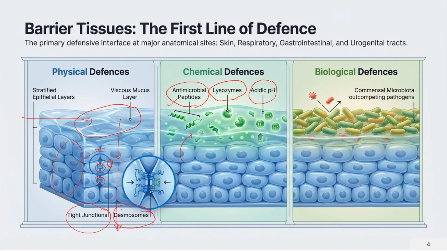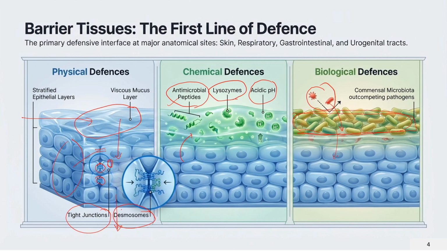And the third is the biological defense. We can see that the commensal microbiota, so these are the pathogens which are entering into the body system, and then we have our useful bacteria which are there in the gut wall. They won't allow the pathogens to go inside. They are a kind of shield in the body cavity, and because of that the pathogens are not able to penetrate the body system freely.